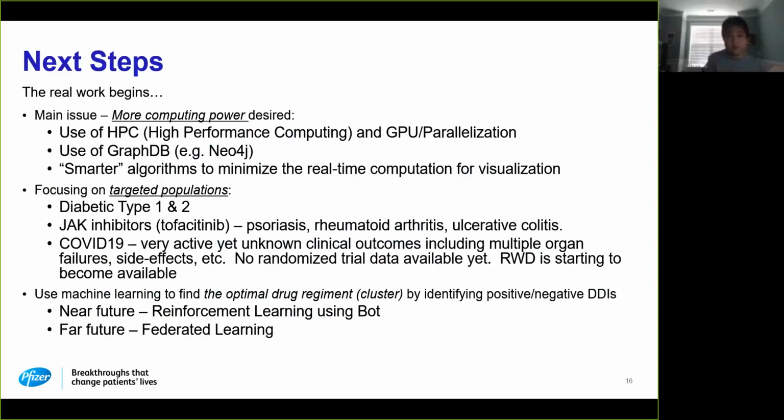The reinforcement learning is where we keep feeding back a reward and penalty system into the bot to try to find the optimal solution. So in this case, we're trying to find the optimal drug regimen between these networks, to find the most ideal dose and possibly delivery of the drug to the patient to treat a certain condition.